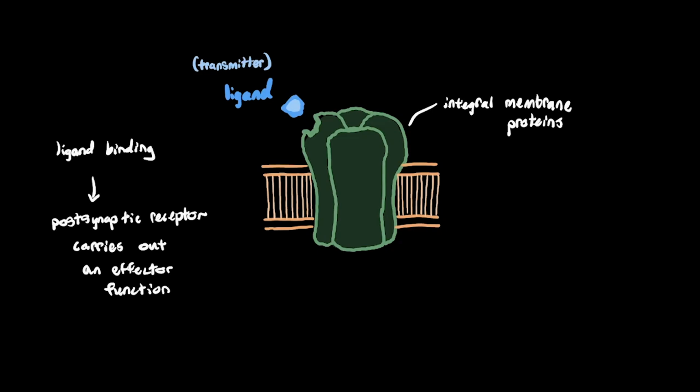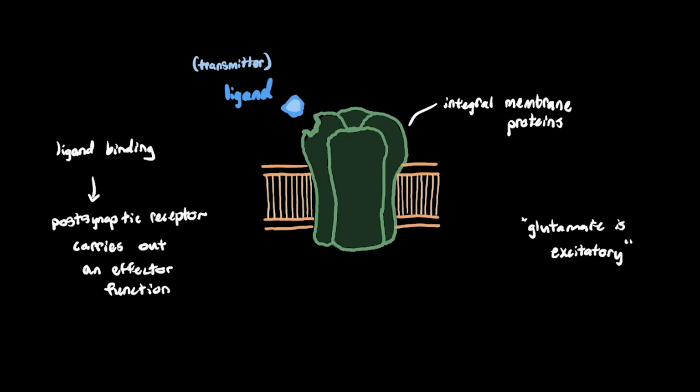You may hear that glutamate is excitatory, but this is not necessarily always the case. Glutamate being a common transmitter, it commonly has an excitatory effect because it commonly binds to postsynaptic receptors that cause excitation or cause depolarization.